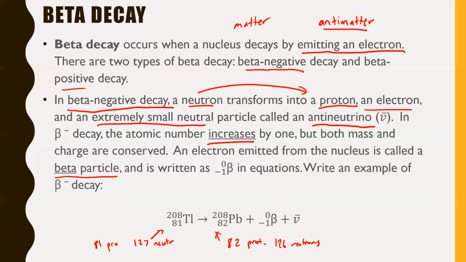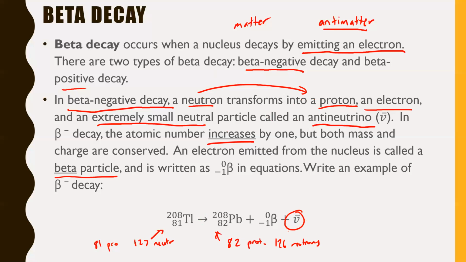Now, in order to keep our charges all the same, because otherwise this would have one more positive charge, we had to release a negative charge. In other words, we had to release an electron, and this anti-neutrino is just something that gets produced by breaking down a neutron, because a neutron isn't just a proton mixed with an electron. That's not how it works. A neutron is made up of a bunch of different things, and an anti-neutrino gets released. So yes, believe it or not, antimatter can be produced just by some simple process like this.